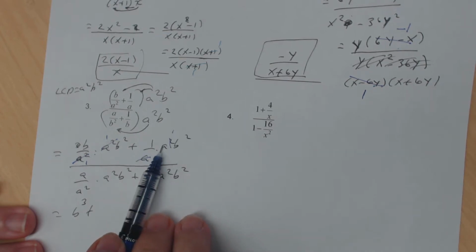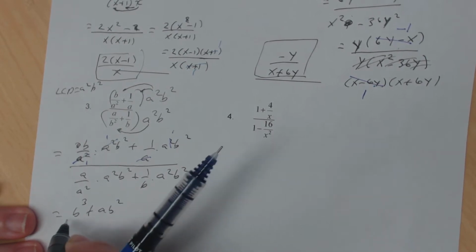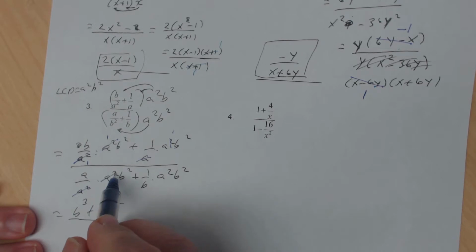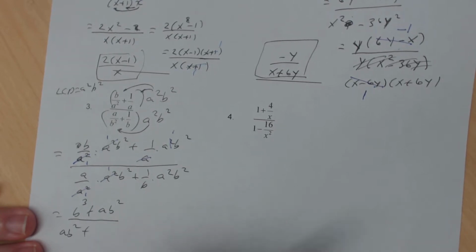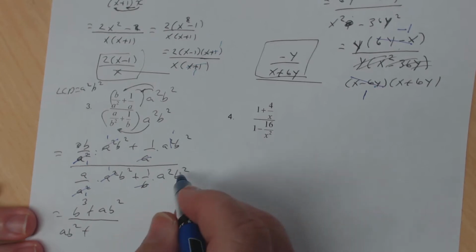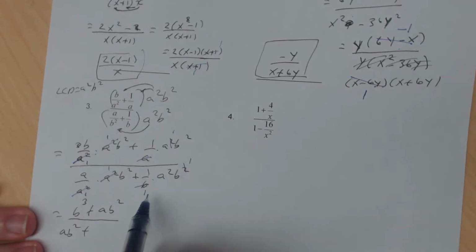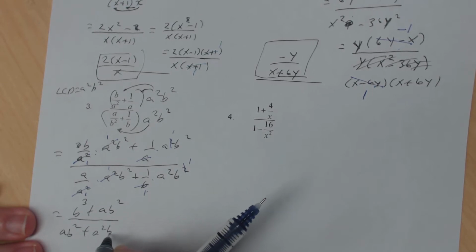And so I get 1 times a times b squared is ab squared, divided by these two factors of a reduced with these two factors of a, you're left with factors of 1, so you get ab squared, plus this factor of b reduces one of these, so you're left with 1, so I get a, and don't forget you're left with factors of 1 right here, so I get a squared b, so plus a squared b.